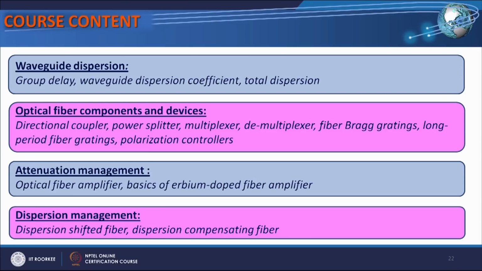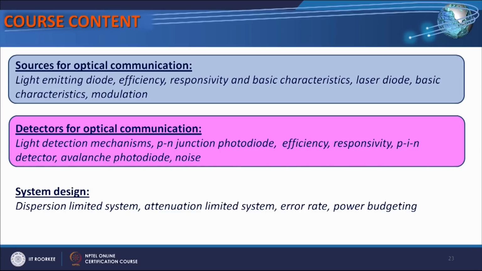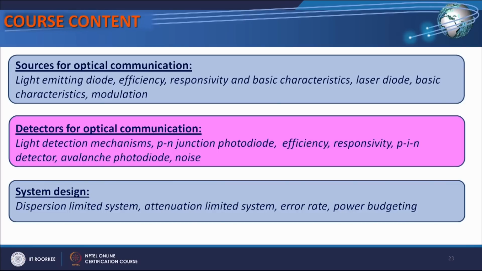Then sources for optical communications, what are the properties of light emitting diodes, what are the properties of laser diodes, then detectors for optical communication, how light is detected in a photodiode, what are their basic characteristics, what are their efficiencies, and then after doing all this, we will be able to do system design, the design of the system as a whole.